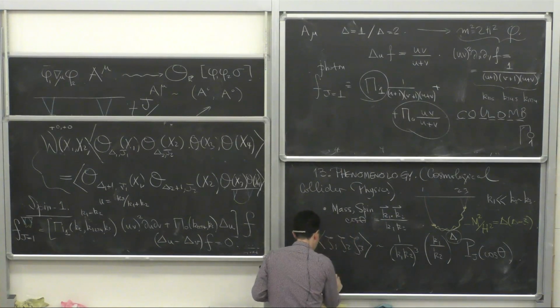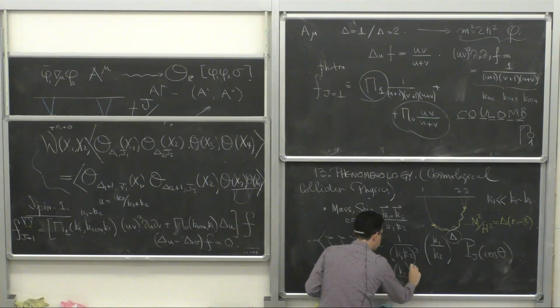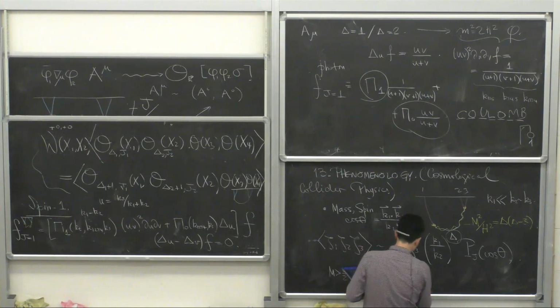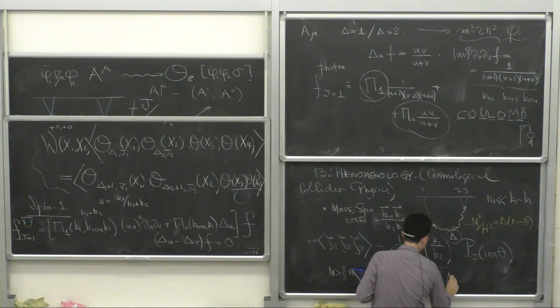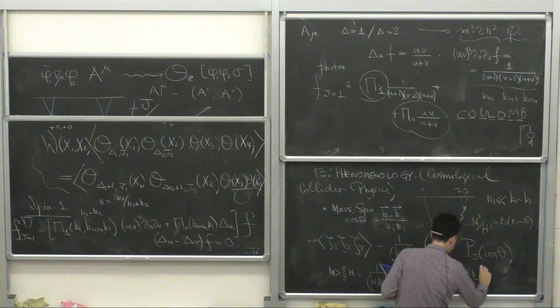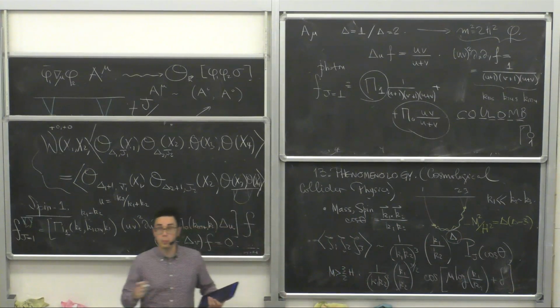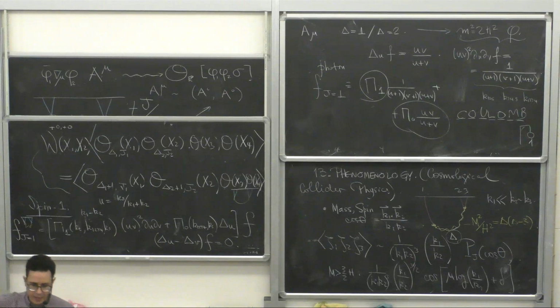So for m greater than 3/2 h, you get 1 over K1 K2 cubed, you get K1 over K2 to the 3/2, and then you get cosine of mu log K1 over K2 plus some phase. The phase is interesting because it's related to particle production, the relative size between the e to the imt and e to the minus imt in the 2-point function.